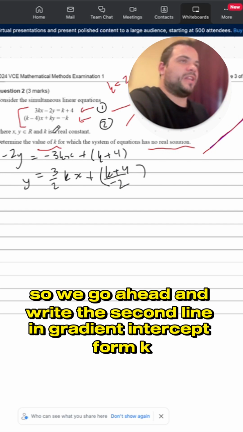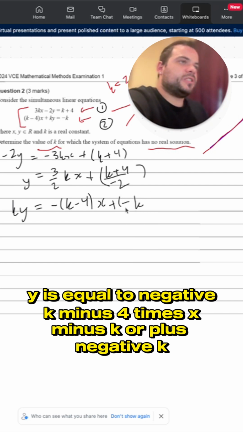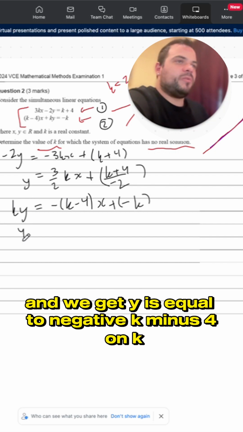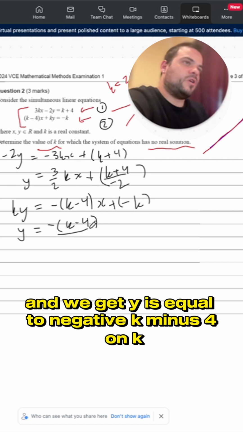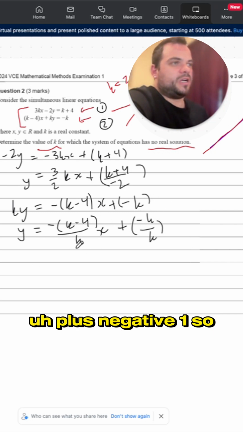So we go ahead and write the second line in gradient-intercept form. ky is equal to negative (k minus 4) times x minus k, or plus negative k. And then we can go ahead and divide through by k, and we get y is equal to negative (k minus 4) on k times x plus negative k on k, which is plus negative 1.